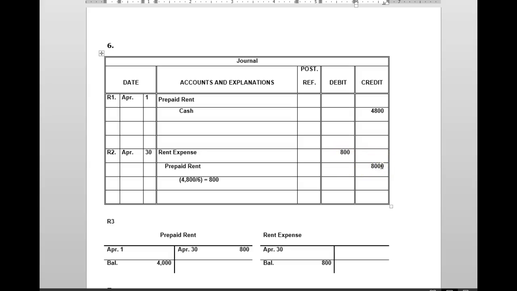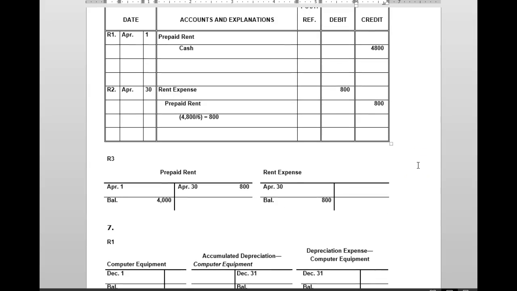recording the expense as it's incurred. Then they ask us to make T accounts for this, and I've left the balances here so that you can understand, or give you a check figure. Well, what I recorded was $800, right? So I credited prepaid rent.